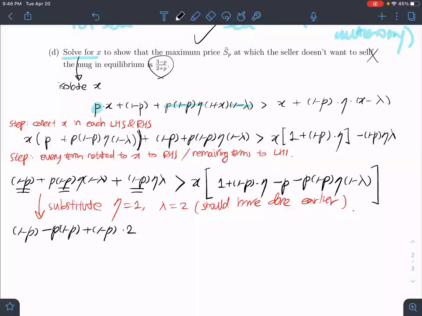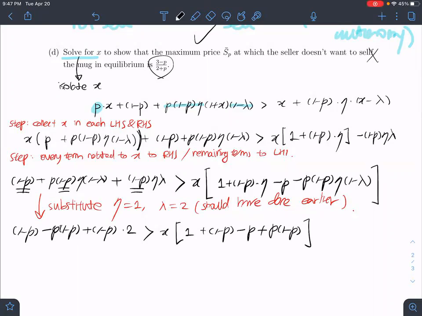Okay. And then x. I'm just substituting eta equals 1, lambda equals 2. That's all I'm doing here. 1 plus (1 minus p) minus p(1 minus p) times (1 minus 2). This one becomes positive. Okay.